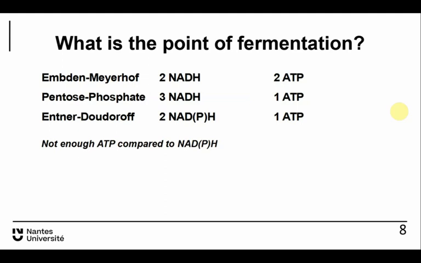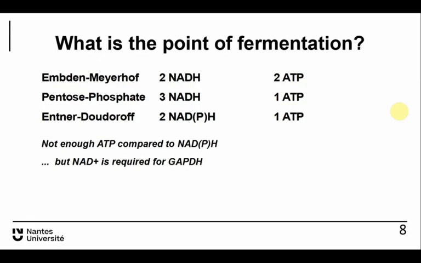But that won't work, because if you have more and more glycolysis, at the end, all the NAD plus is going to be used up. And the NAD plus is the essential cofactor for glyceraldehyde phosphate dehydrogenase, the enzyme that is catalyzing the essential step to get some energy out of this pathway.